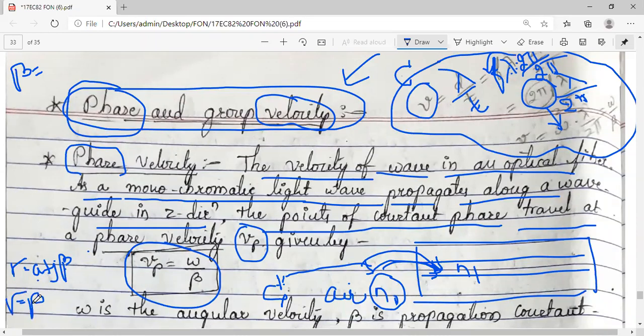So gamma is equal to beta we are considering, and this beta is nothing but 2 pi by lambda. Okay, this is your propagation constant, 2 pi by lambda. So lambda by 2 pi is the reciprocal. So what I can do here, lambda by 2 pi, I can write it as 1 by beta. So omega by beta, that I have written here directly. Vp is equal to omega by beta.